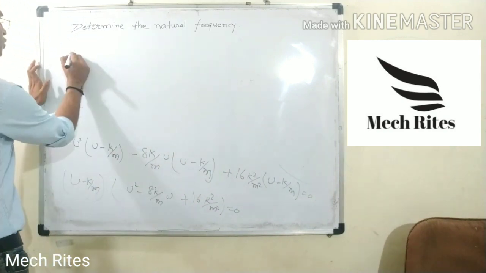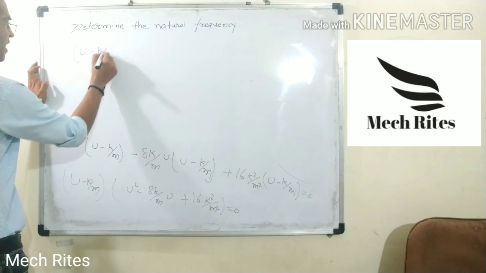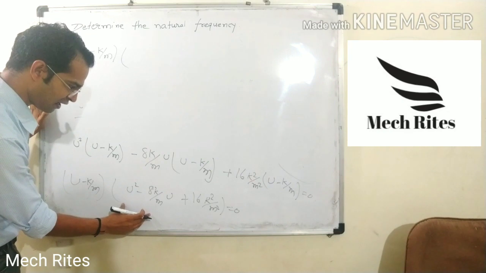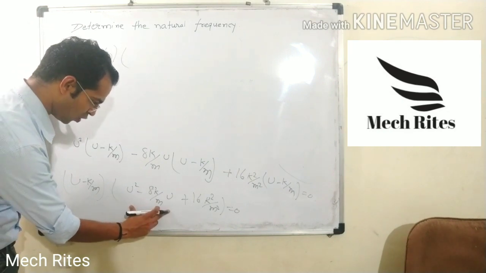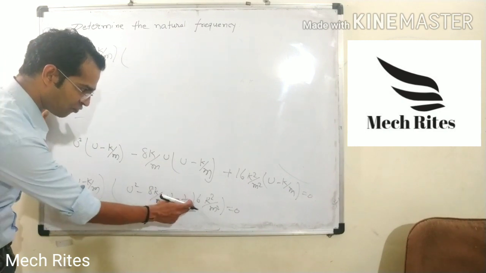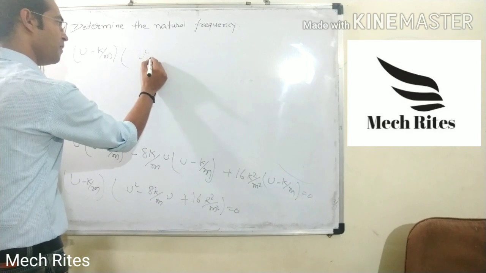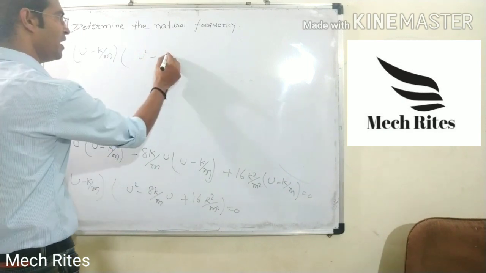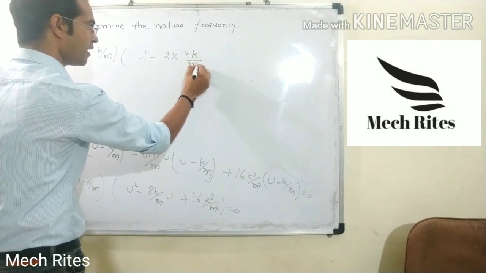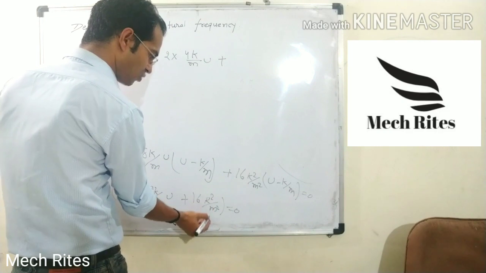Let us check. U minus k by m. In this part, can we convert it into the a minus b whole square formula? Let us see. U square minus it's a 4k by m. Okay, it may be possible. U square minus 2 into 4k by m u plus 16k square by m square.